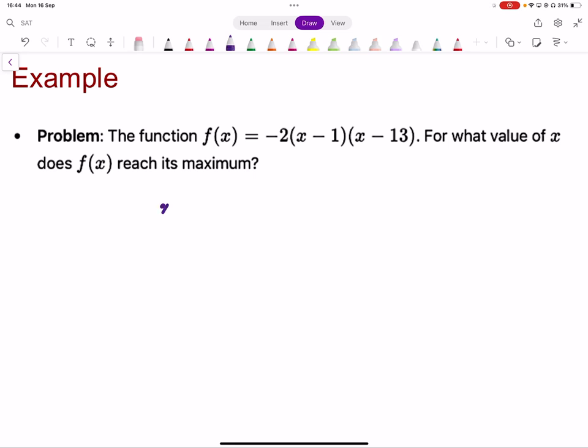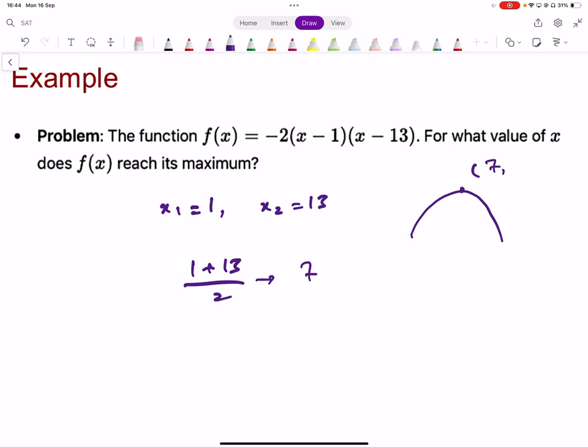The x-intercepts are going to be 1 and 13. What's the value of x at which you have a maximum point? What they're asking for is the x coordinate of the turning point, right? X coordinate of this point. Just add these two up, 1 plus 13 divided by 2, and that gives you 7. That's the x coordinate of the turning point.